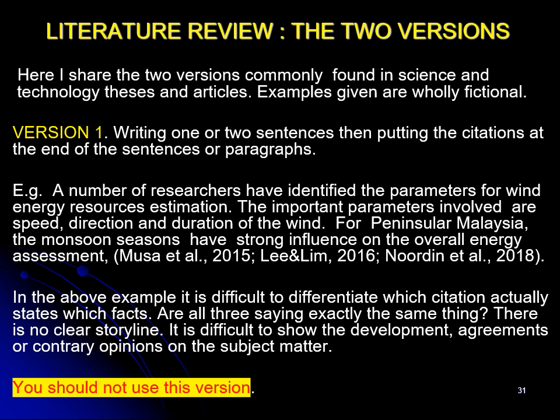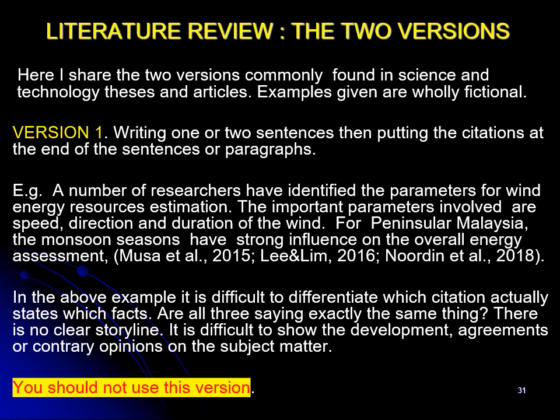We are talking about the writing itself, not the citation style. Number one, what I call version one. Some people, quite a number of people, use this, and I feel that this is not a good way of writing.